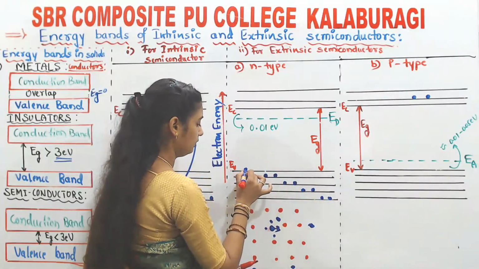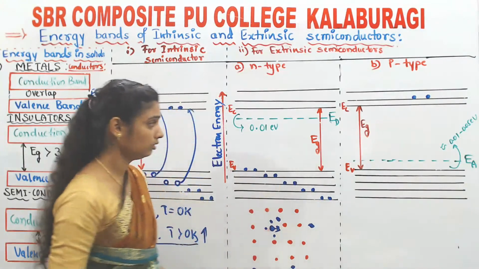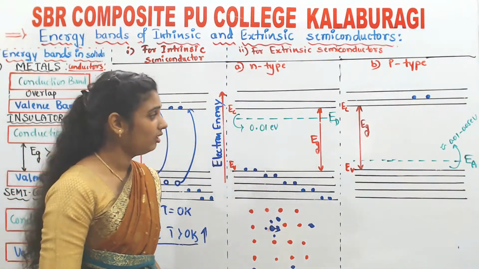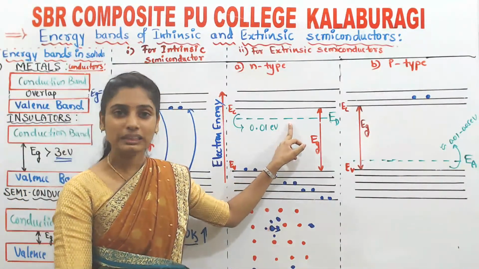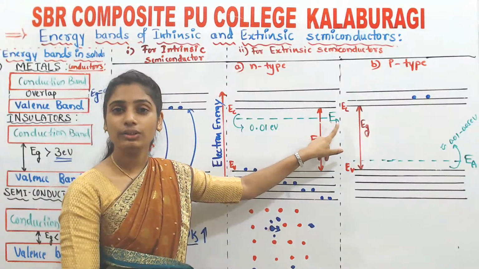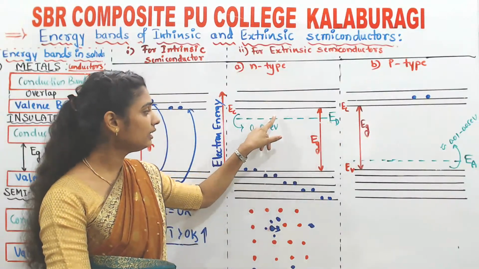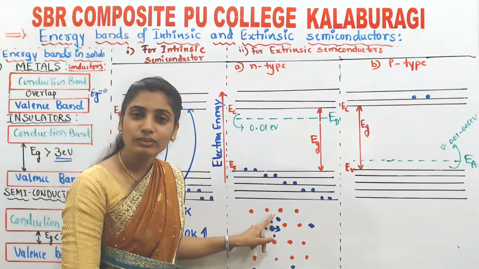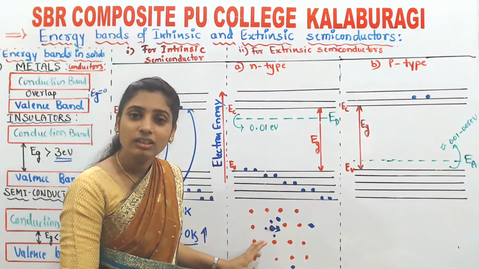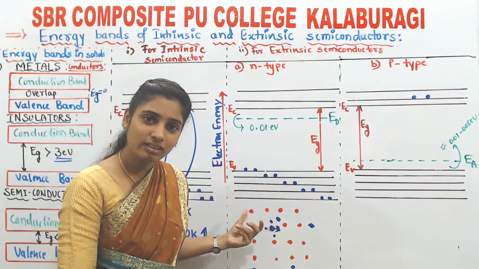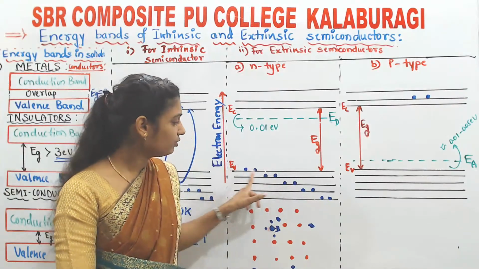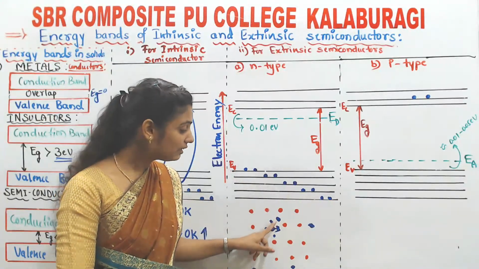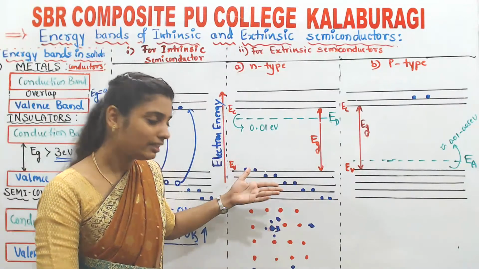So this is about valence band electrons, and now see, here I have shown you the donor energy level below the conduction band, because this free electron, which is less tightly bound to the nucleus, will be having more energy. Although it is also considered a valence electron, it is less tightly bound, so it has high energy.